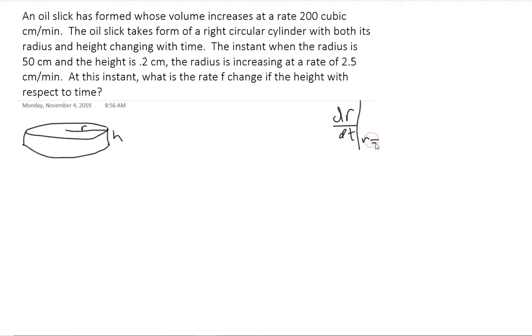So we know that at that moment r is equal to 50, and we know that height is 0.2, and so the rate of change is just going to be 0.25. So this is a lot of information. This is going to be very useful.